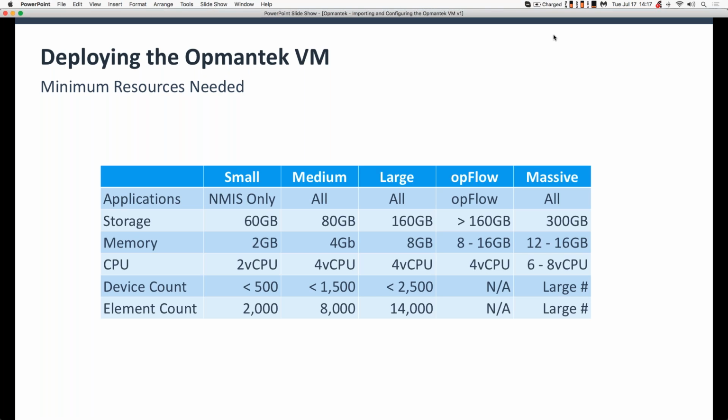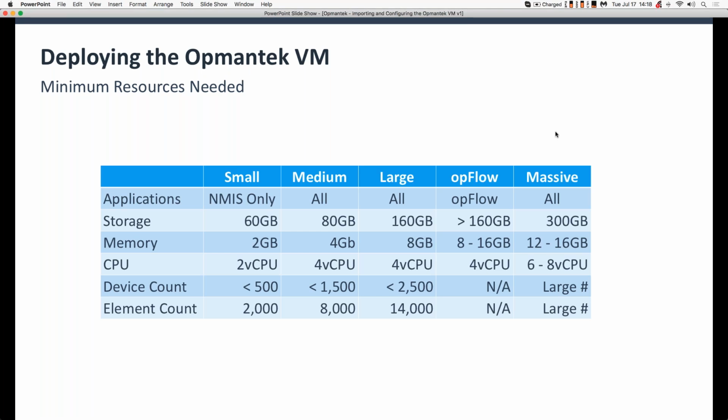The reporting engine is licensed to the total number of devices in NMIS. But OP Config, our configuration compliance engine, is licensed based on the total number of devices that you want to manage configurations for. So maybe you only want to manage configurations for your network routers or your core devices, etc. And so you might have a subset of the total number of devices on your machine in that.